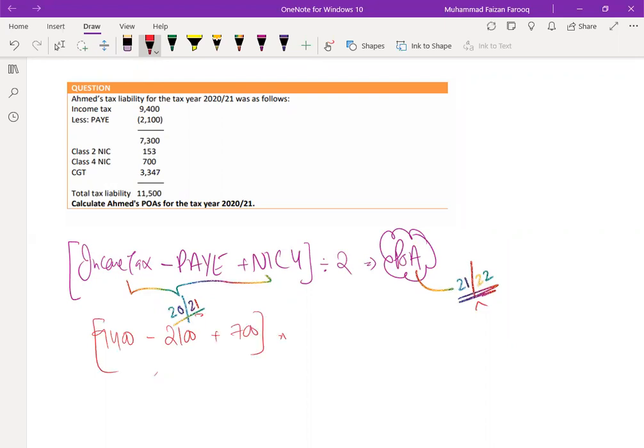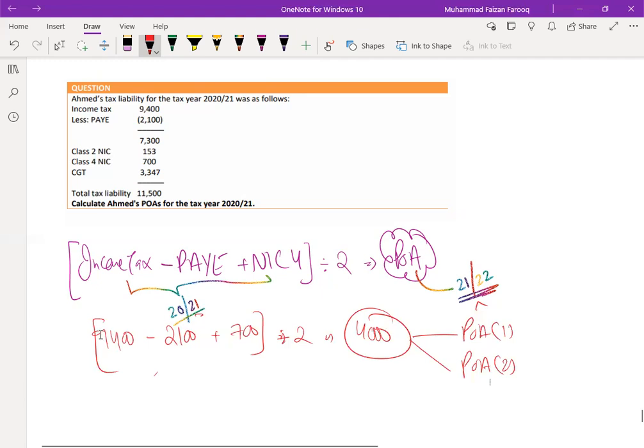So divided by 2 will be 4,000 for POA 1 and POA 2. Any questions?